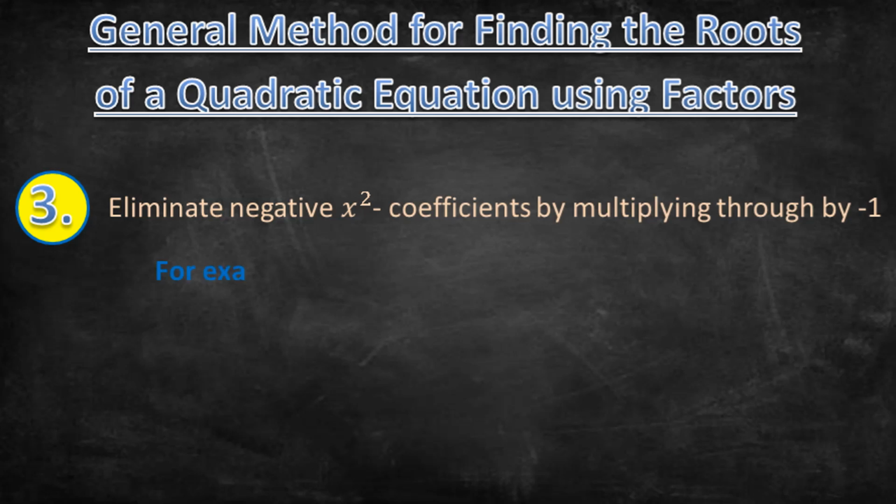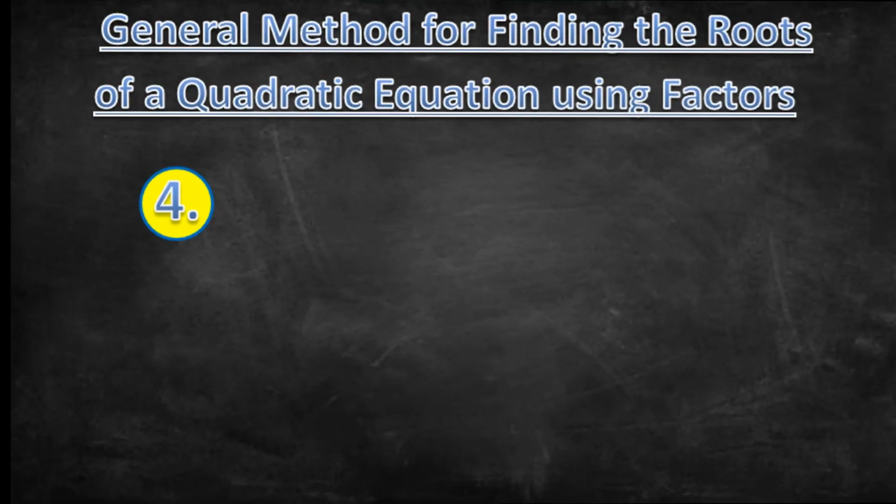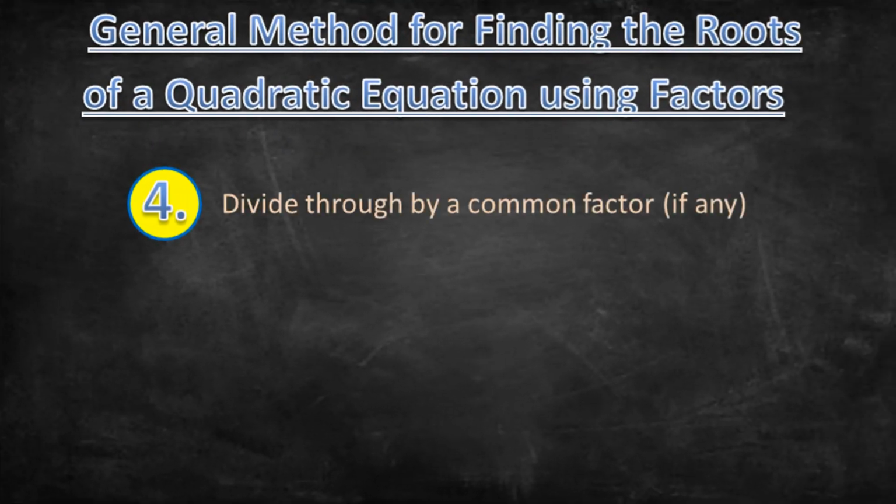For example, let's say we have negative 2x squared plus x minus 3 equals 0. We multiply through by negative 1 to get positive 2x squared minus x plus 3 equals 0. We also always divide through by a common factor, if any.